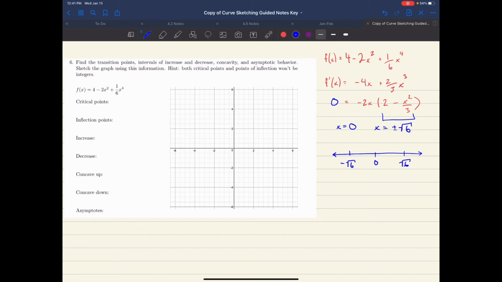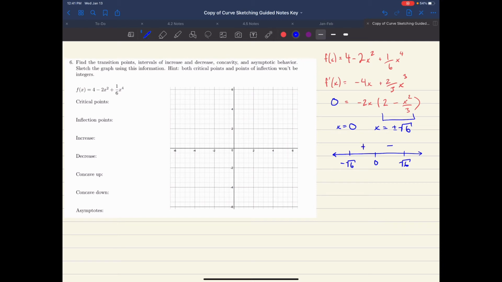Okay, so we plug in values in these ranges. I'll plug in a number between 0 and √6. Let's plug a 1 into the derivative. Remember we only care about the sign. If I plug the value 1 in, I would get a negative number. If I plug in a value between negative √6 and 0, let's say negative 1, I would get a positive value.